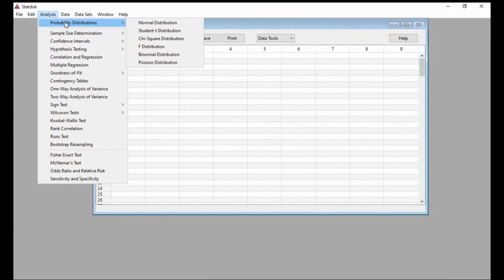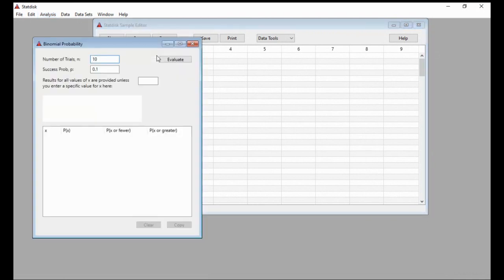Here in probabilities, we have probability distributions, and you look for the binomial distribution. For binomial, what we need is n and p.